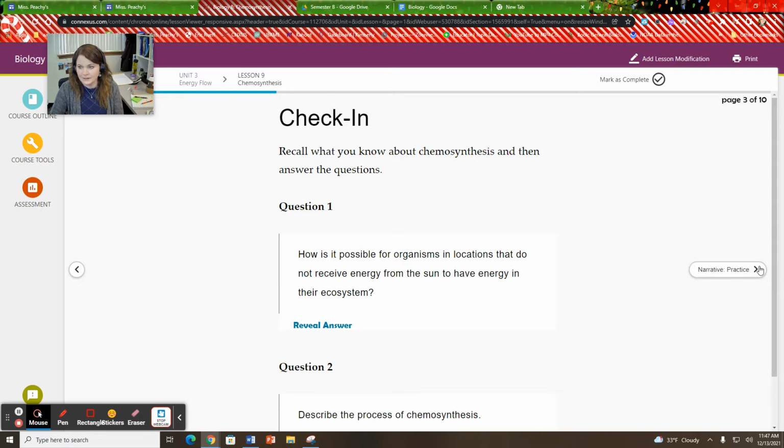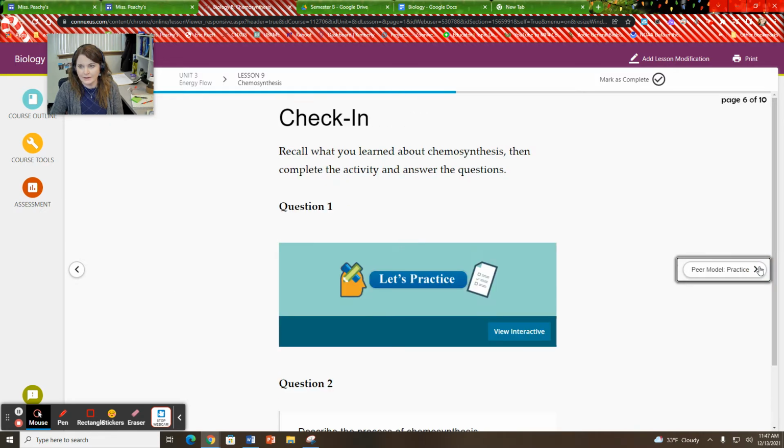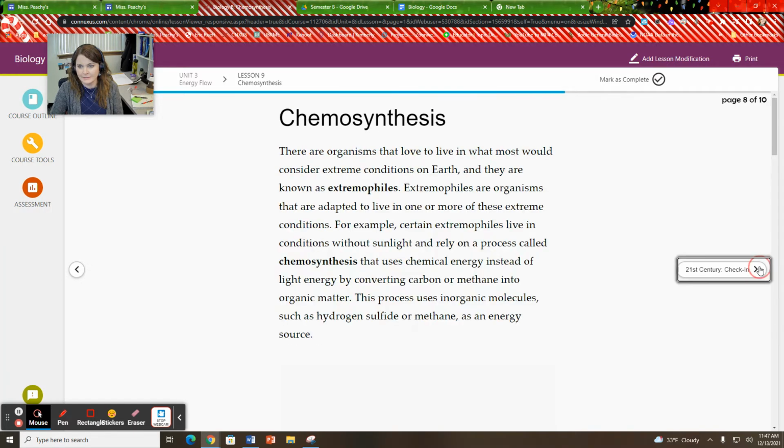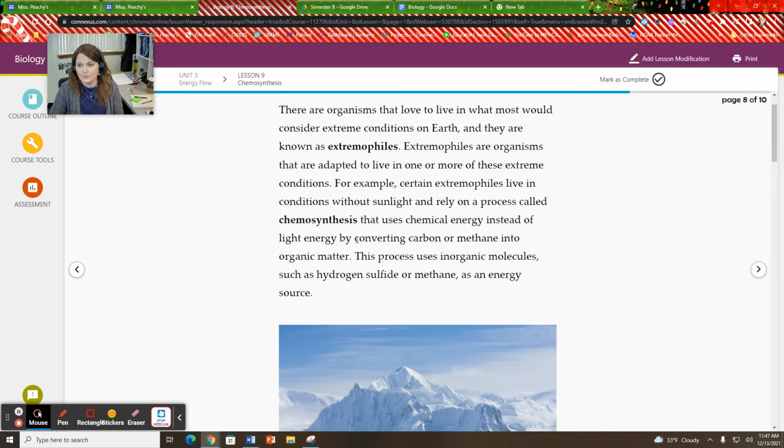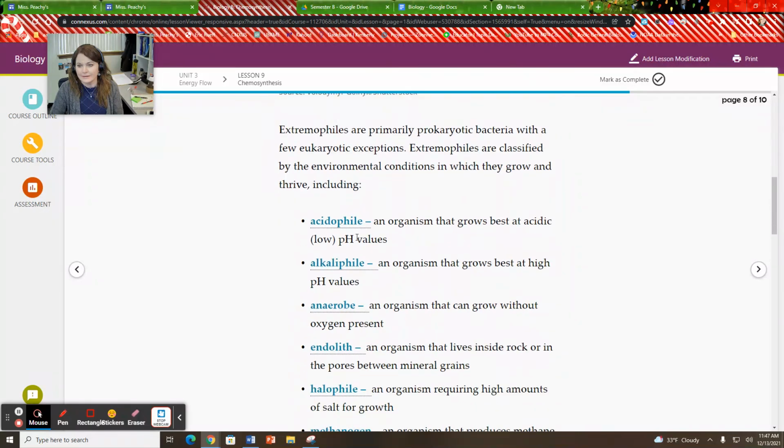We're also going to go to a different part of this lesson, over to slide 10, where they talk about the term extremophiles. These are organisms that are adapted to live in one or more extreme environments.